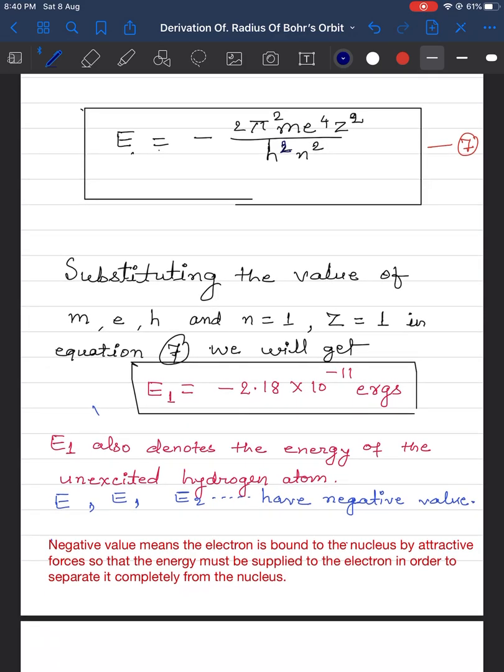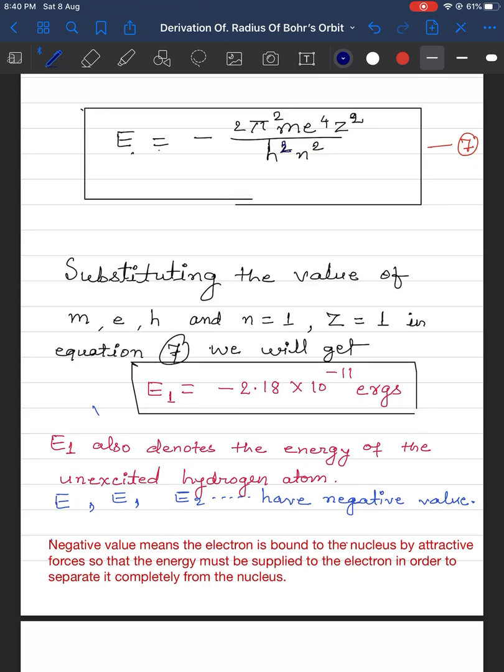Substituting the values of m, e and h and n is equal to 1, Z is equal to 1 in equation 7, we will get E1 is equal to minus 2.18 into 10 to the power minus 11 erg. E1 also denotes the energy of the unexcited hydrogen atom.